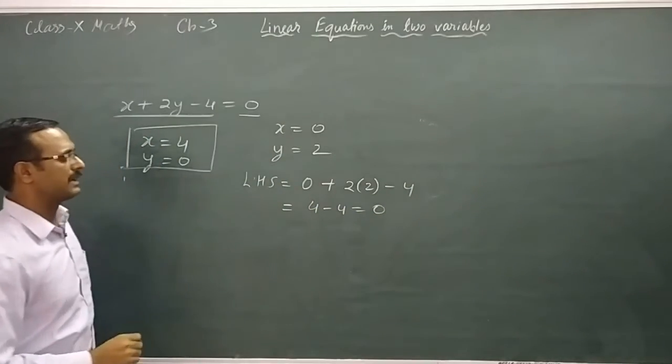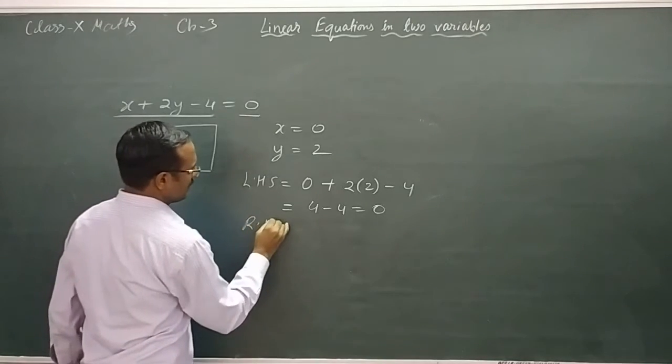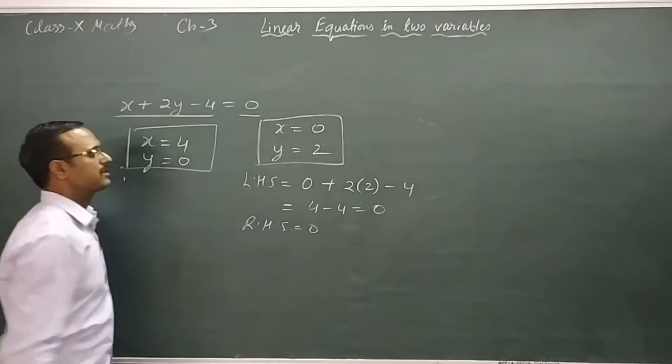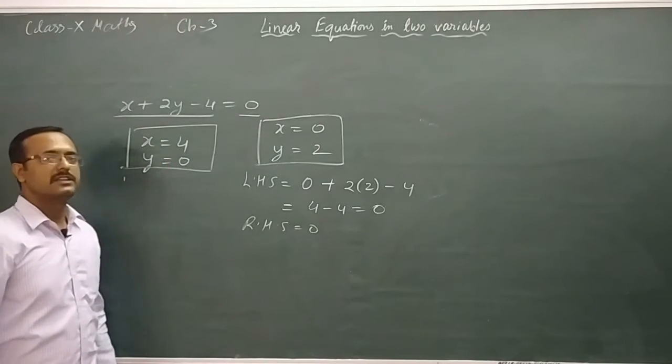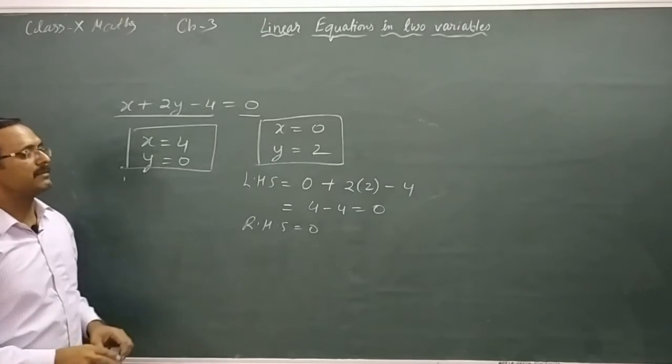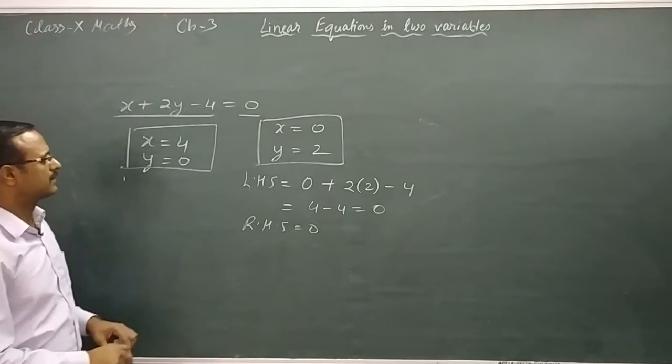So again you are getting LHS as 0, RHS is already 0. So you can say that x equal to 0 and y equal to 2 is also a solution of the same equation. Are there any more solutions? Let us check.